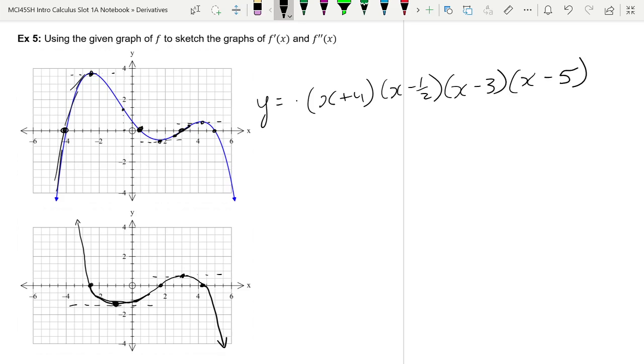There is an a of some sort that I don't know, but I actually can read the y-intercept. The y-intercept happens at (0, 1/2). So I know that y is 1/2 when all of these x's are 0.